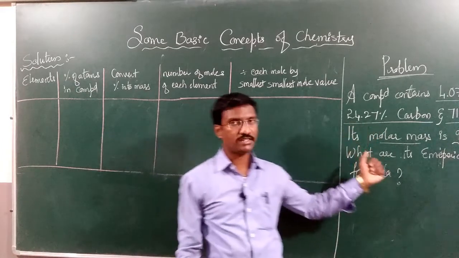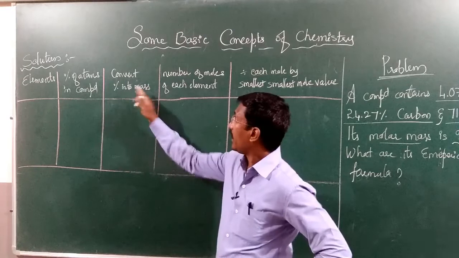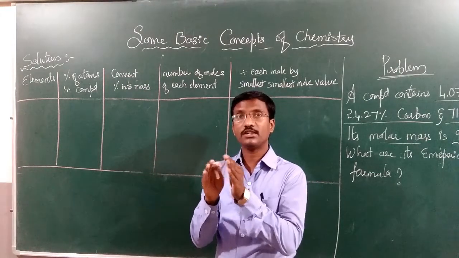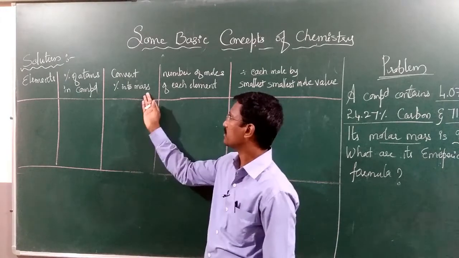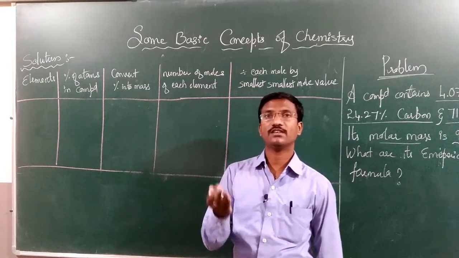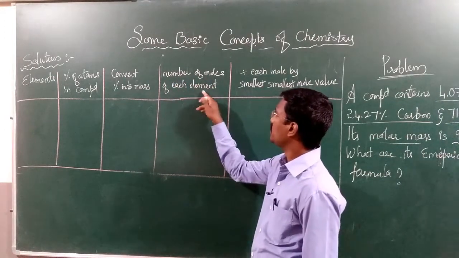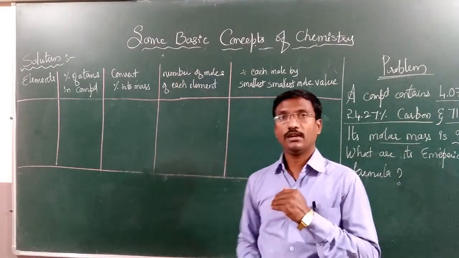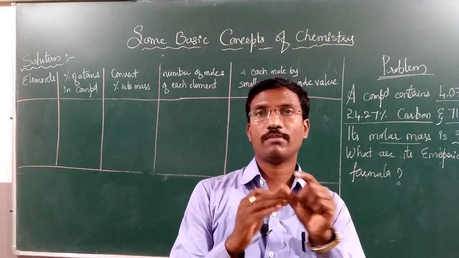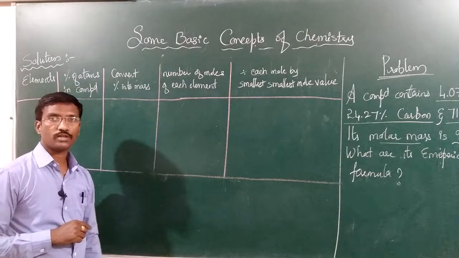Then you have to convert the percentage into mass. If they have given 4.07 percent, you have to write 4.07 gram. Next, the number of moles of each element: we calculate it using the formula given mass divided by molar mass, which gives the moles.